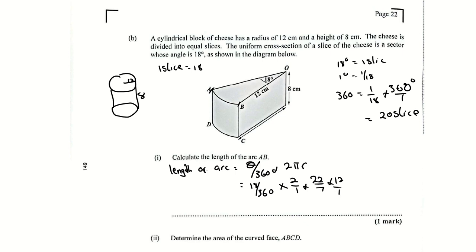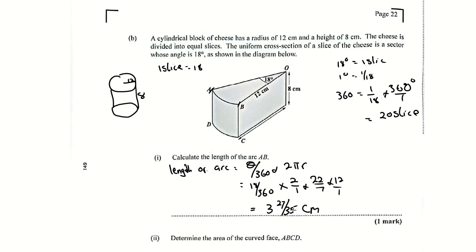So 18 over 360 multiplied by 2 multiplied by 22 over 7 multiplied by 12 is equal to, I'll put it as a fraction, 3 and 27 over 35 centimeters.